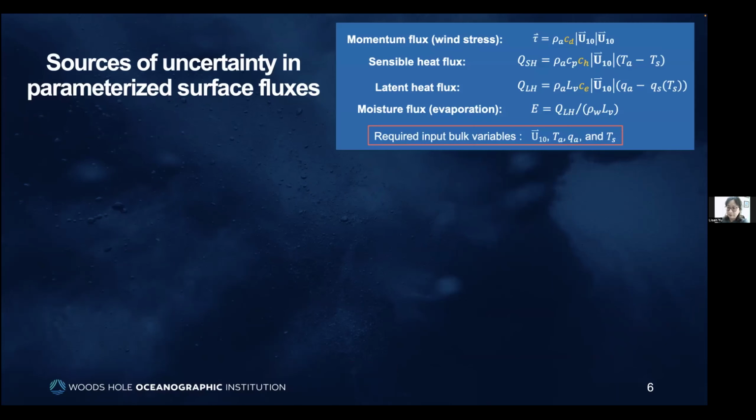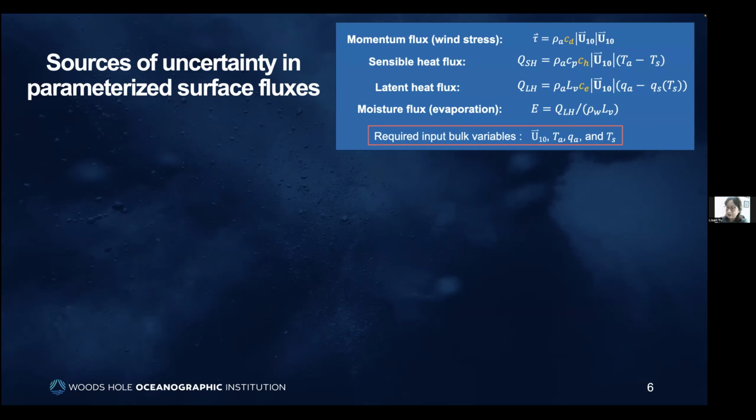That sounds simple, but if we look at the equations, there are turbulence coefficients, CD, CH, CE, for momentum, heat, and moisture. The parameterization of these coefficients controls how efficiently the air-sea exchange of momentum, heat, and moisture would be.